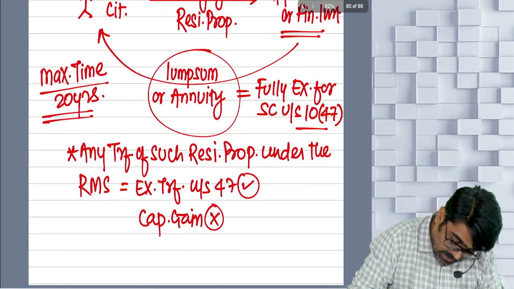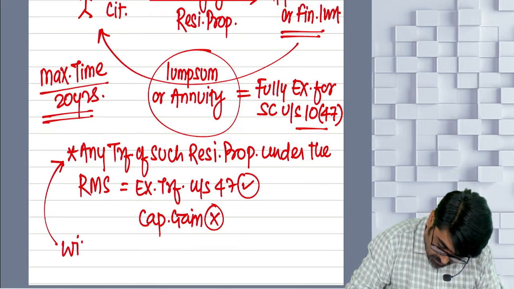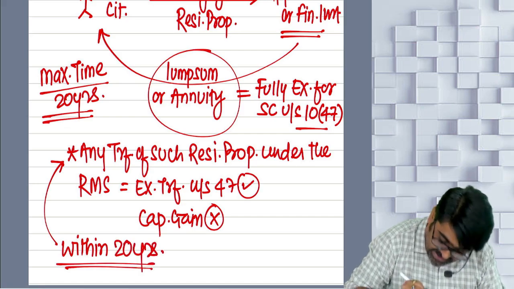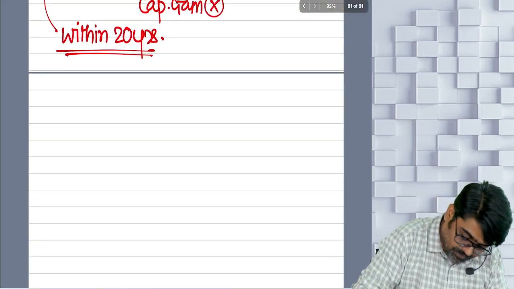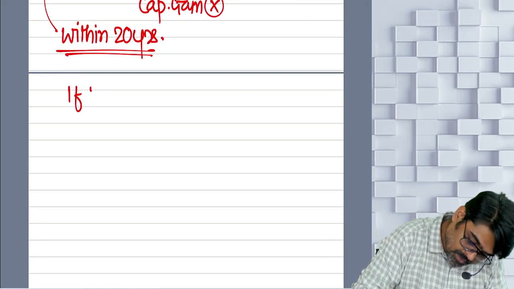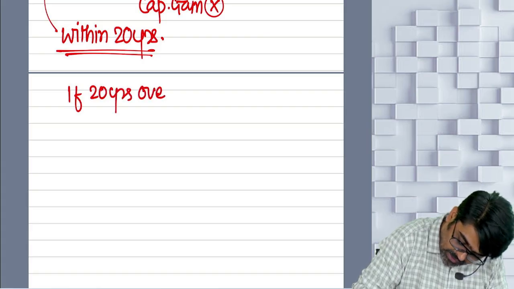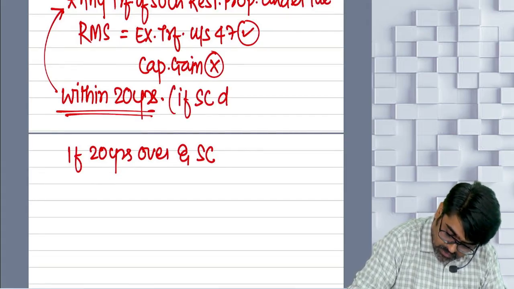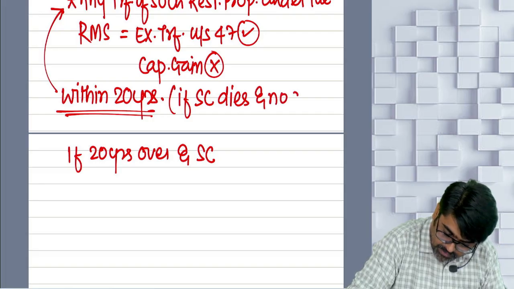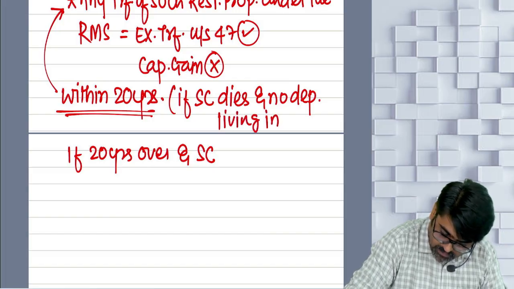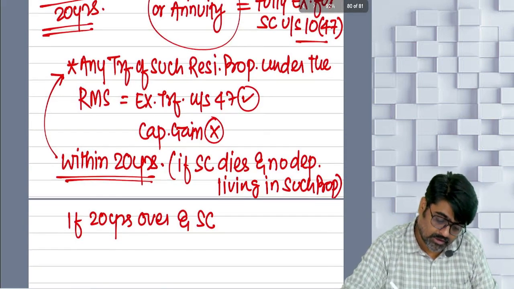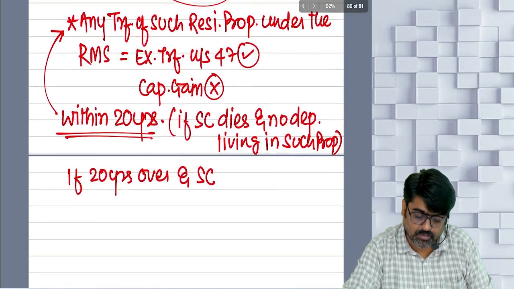So if this thing happens within 20 years' time, then the transfer is exempt. But if 20 years are over, and within 20 years the senior citizen dies and there is no dependent living in such property, then the bank will transfer such property, and the transfer will be an exempt transfer.